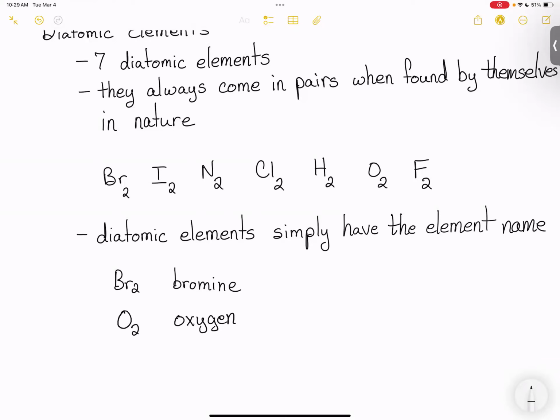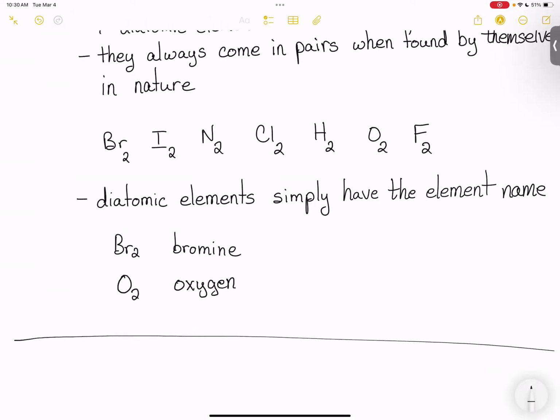O is what you use when you're making a compound. Whereas if I'm just talking about pure oxygen that I'm breathing in, that's O2. So the question is: is there more than one element type present? Then it's O compared to O2. That's all there is to diatomic elements.